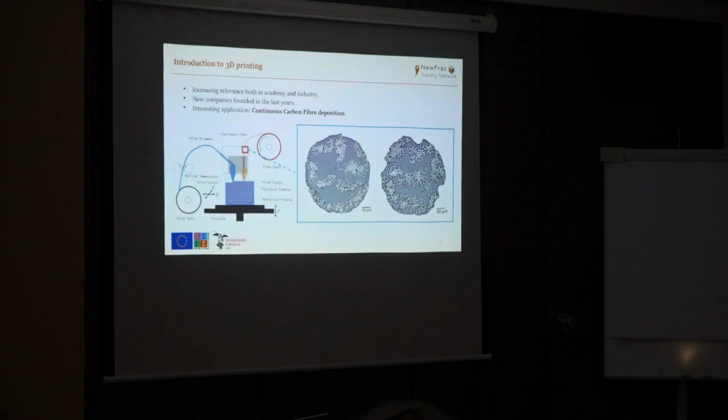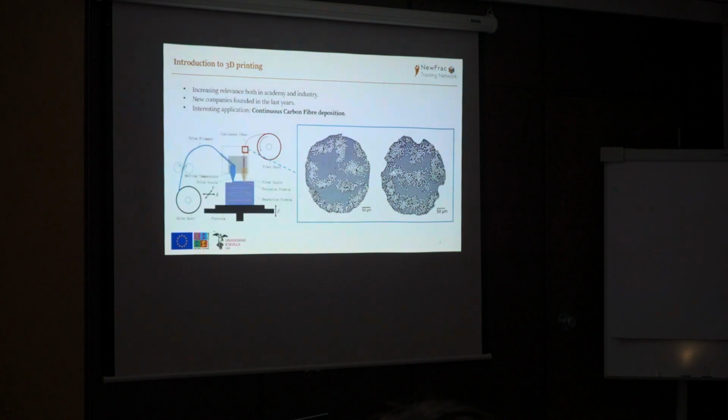The typical diameter is around 300, 350 micrometers. The thing to notice is that the distribution of the carbon fibers, which you can see here in white, is not homogeneous throughout the section, but they are more or less clustered along the section itself.